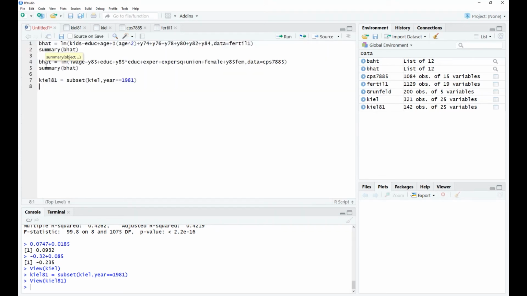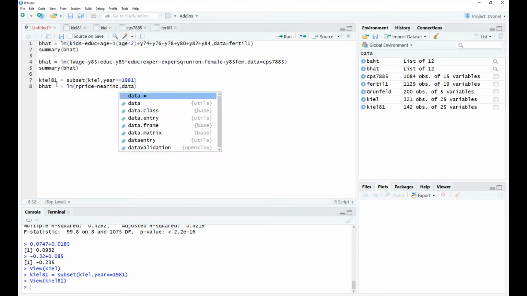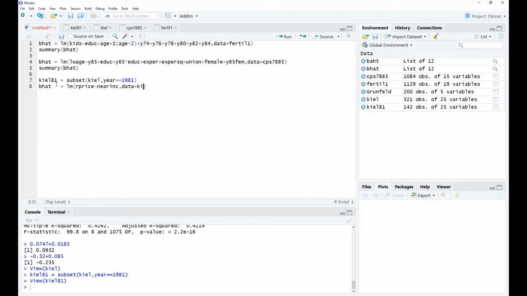Now, somebody not familiar with statistics could estimate the following model. B hat equals LM. Our price is the real price corrected for inflation. Our price tilde near incinerator. And the data would be Kiel 81.